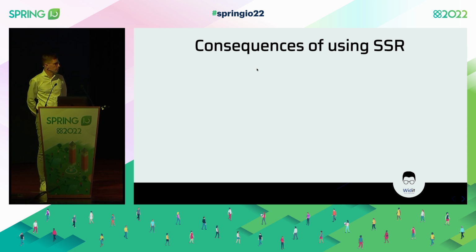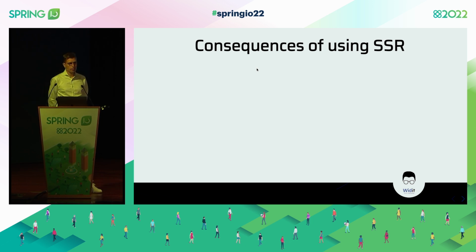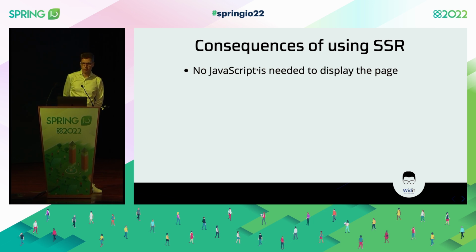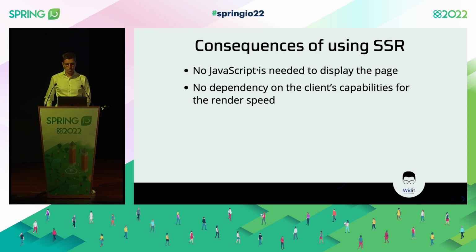What are some of the consequences of using SSR, server-side rendering, so MPAs? You don't need any JavaScript to run or display the page. You can have very lightweight pages using only HTML and CSS, and that's all that's needed. The consequence is that there's no dependency on how powerful your client is to render.